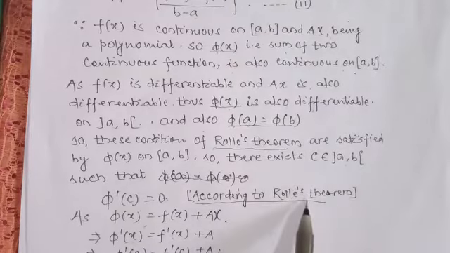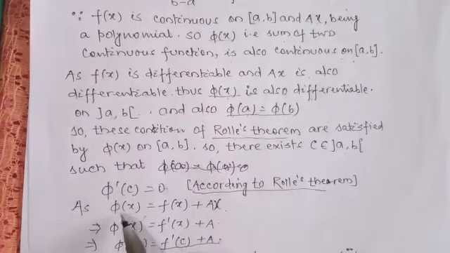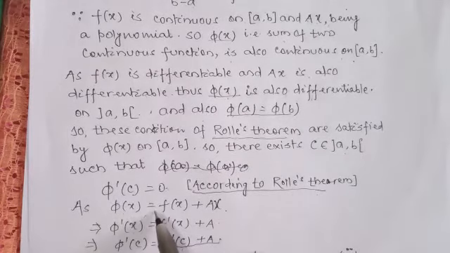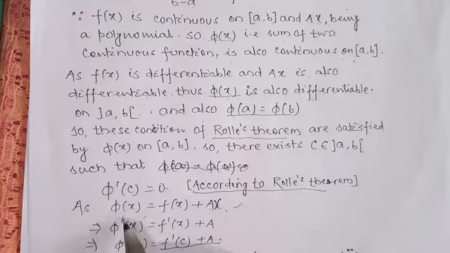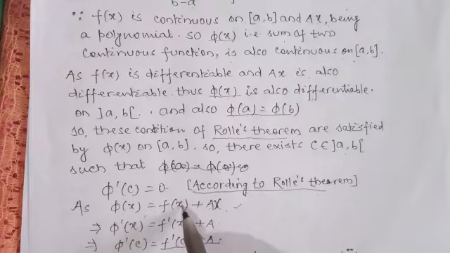Now we have considered phi x is equal to fx plus ax, which we have already considered. Differentiate this on both sides with respect to x, then differentiation of phi x should be written as phi dash x. Differentiation of fx should be written as f dash x.